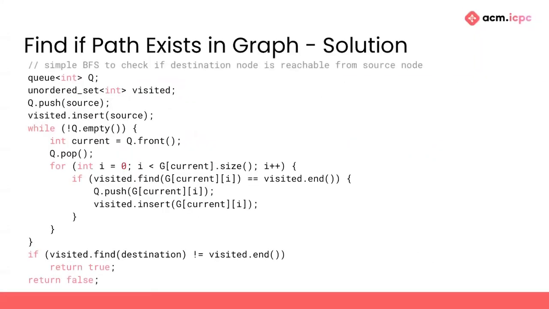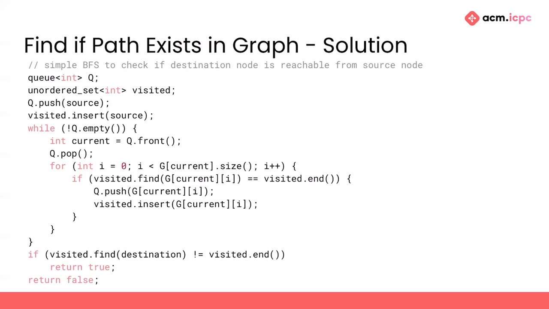Okay, so on this slide, we'll implement BFS using a queue. It's pretty much identical to the BFS code that we showed you earlier, except at the end we look through the visited unordered set and check if we have visited the destination node. If yes, then we'll return true. Otherwise, we'll return false.